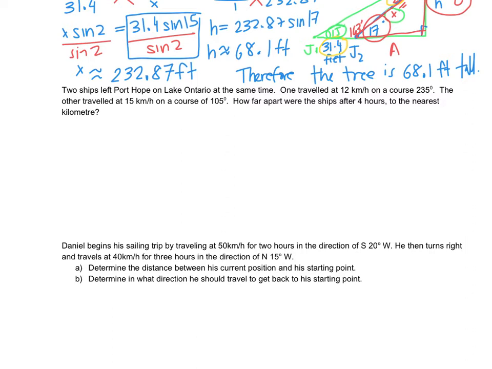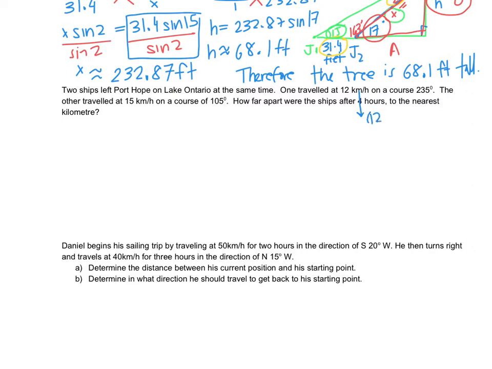All right, so first of all, maybe we want to calculate how much each ship has traveled in 4 hours. So this first ship here, it traveled 12 kilometers per hour for 4 hours. So 1 hour is 12 kilometers, 2 would be double that, etc. So I just have to multiply the speed by the time.